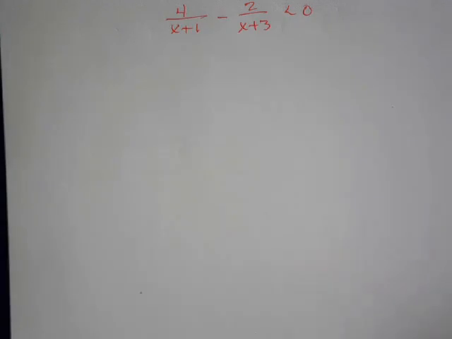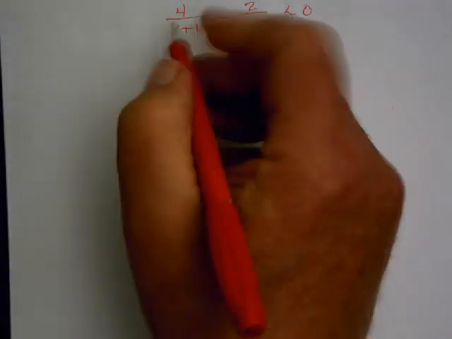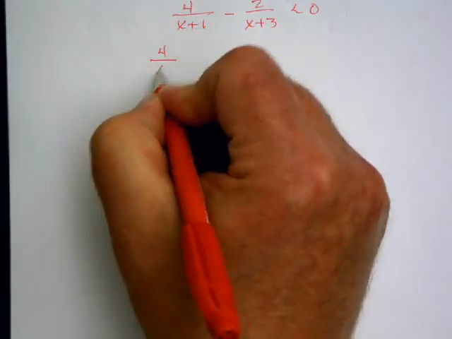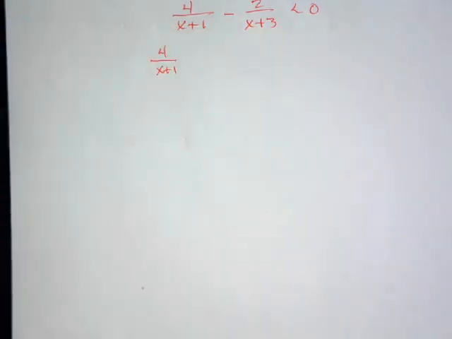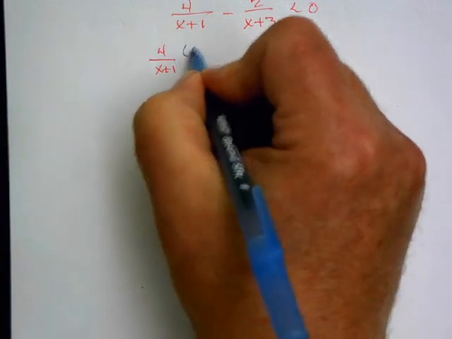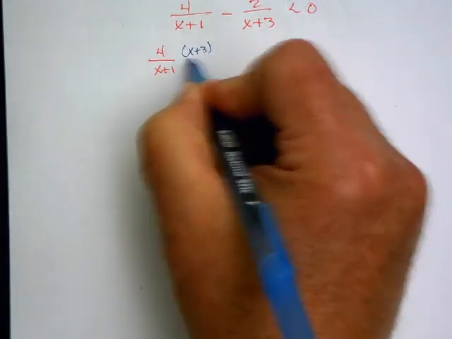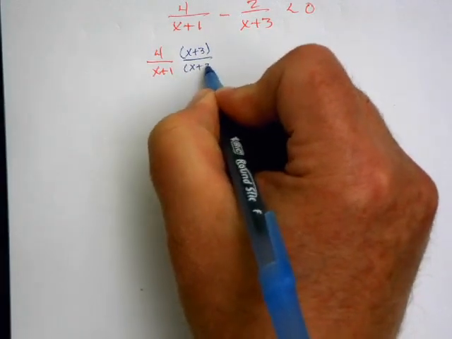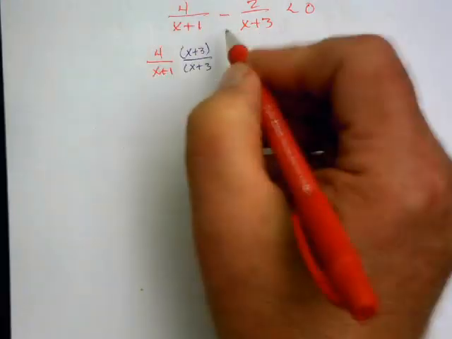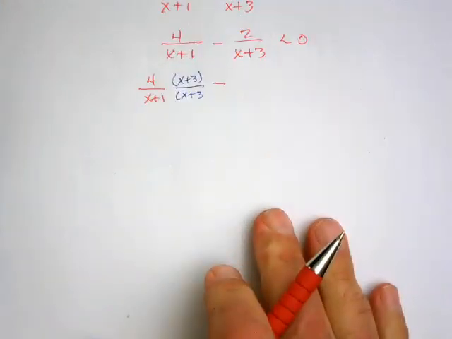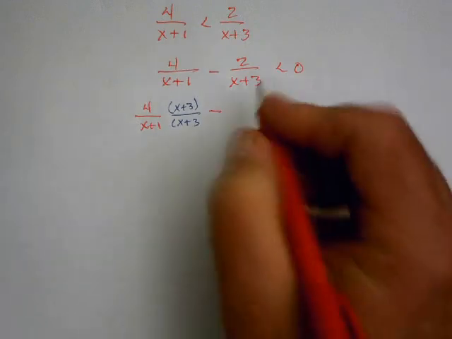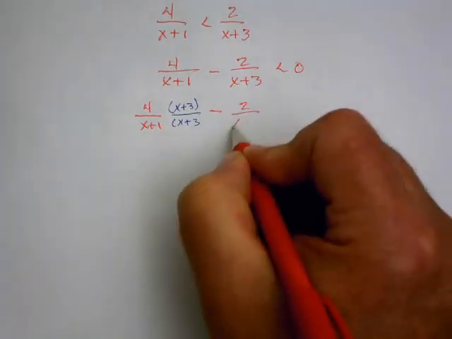So the first one, I'm going to do x plus 3 over x plus 3. The second one, I'm going to do x plus 1 over x plus 1.